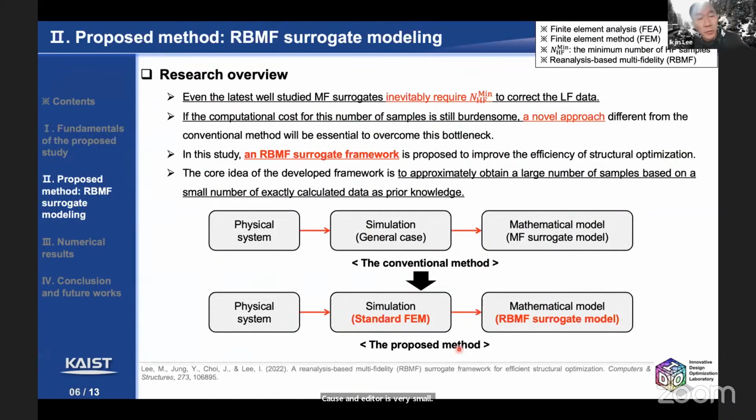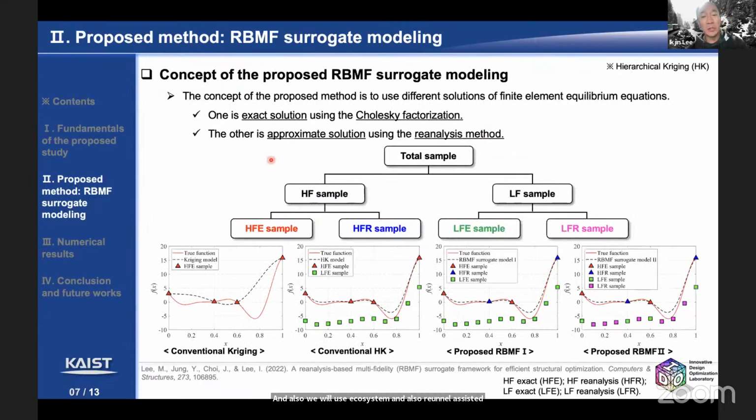So the research overview of the paper is: we're going to build a reanalysis-based multi-fidelity surrogate framework to generate an accurate surrogate model. Which means we will use high fidelity data and low fidelity data, and also exact results and reanalysis results to build the surrogate model. This slide shows 4 types of data.